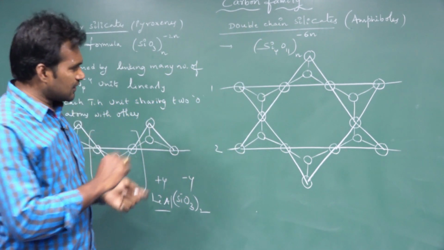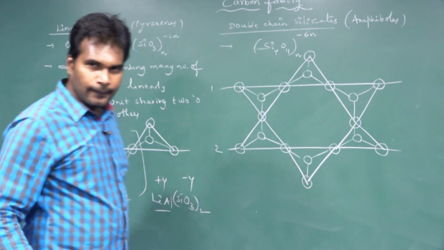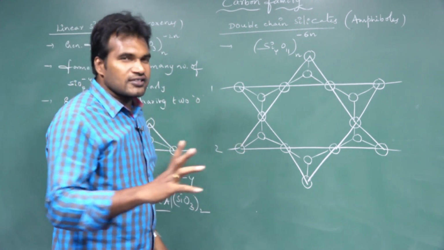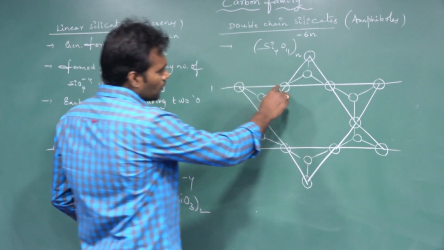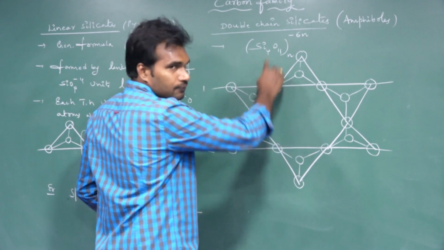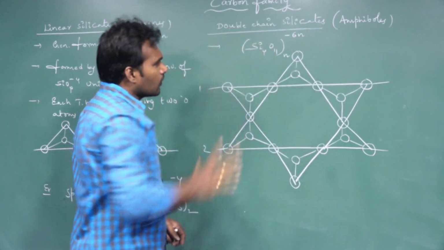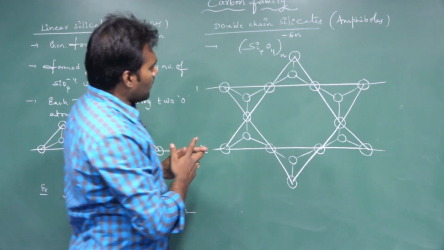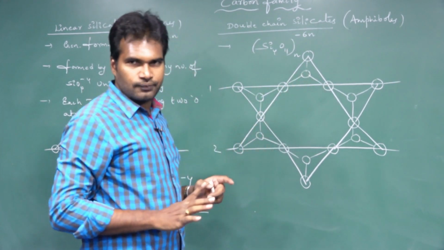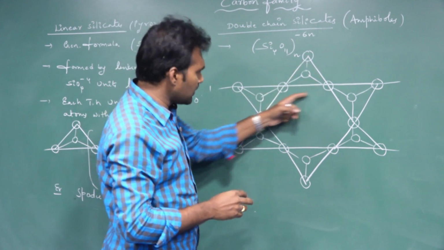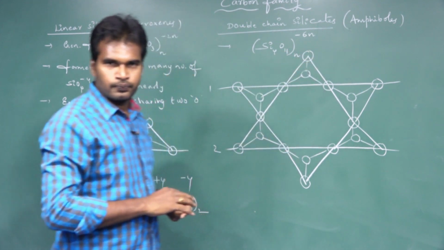And if you see this double chain silicate clearly, how many oxygens are shared by each tetrahedral unit? If you take this tetrahedral unit, this oxygen is sharing and this oxygen is also sharing. That means how many oxygens are shared by each tetrahedral unit? 2.